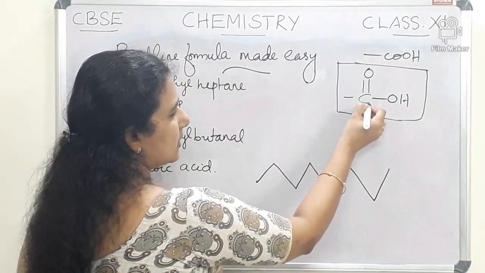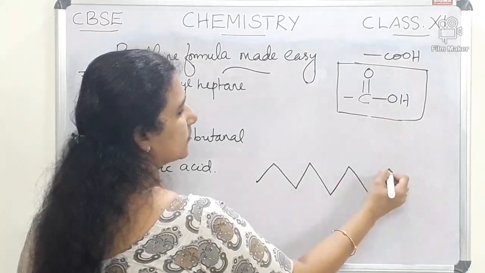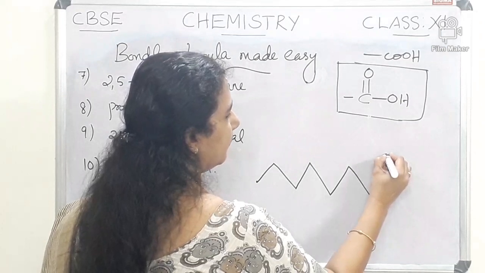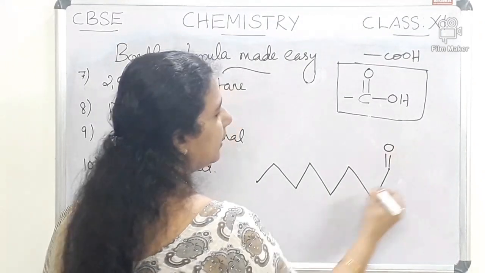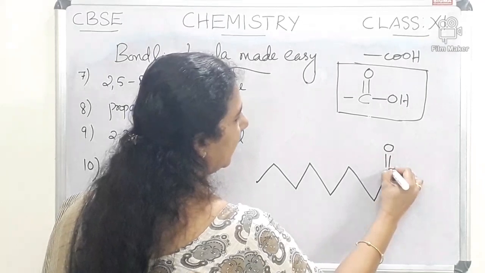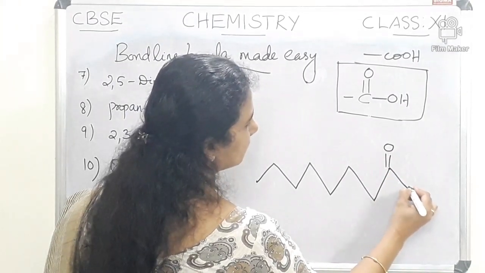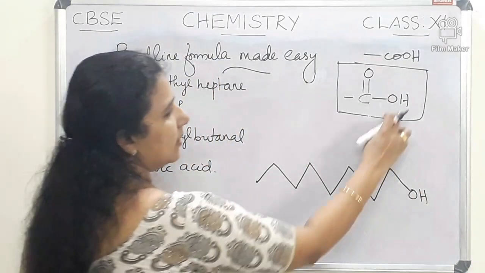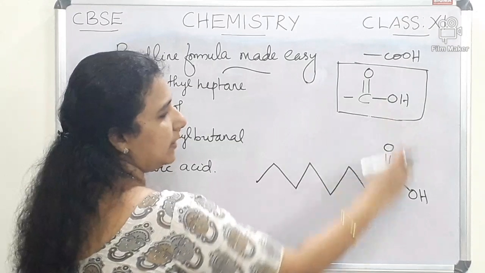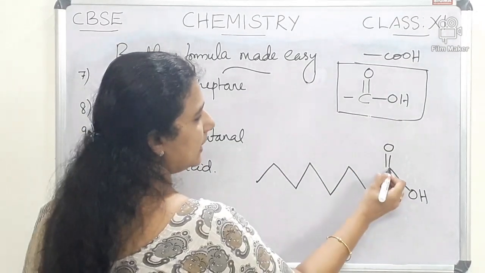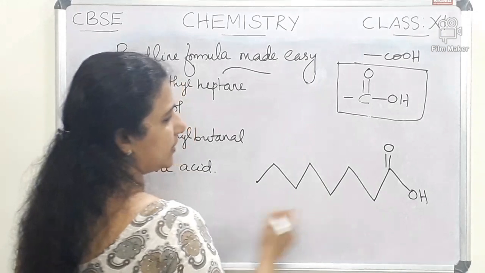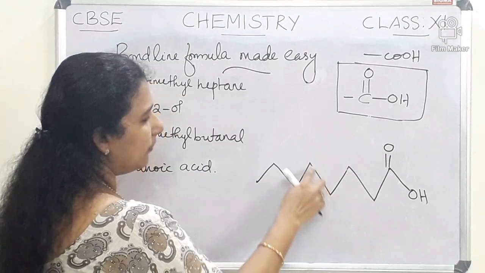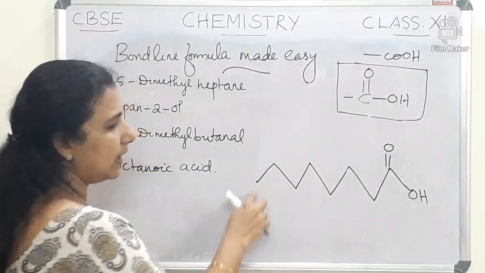So this carbon is the carbon in the carboxyl group. We have to draw double bond O and OH here. That means here the hydrogen is connected to a heteroatom, so that should be shown. So C double bond O and OH. So this is the carbon, 1, 2, 3, 4, 5, 6, 7 and 8.